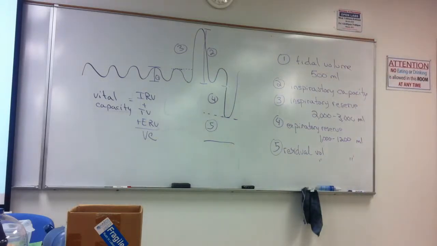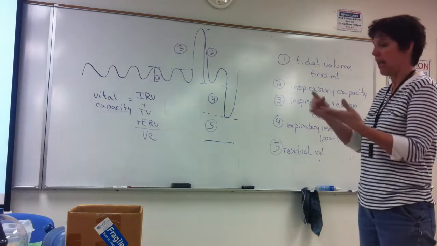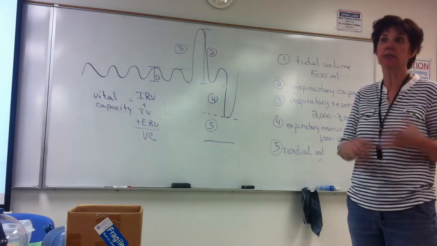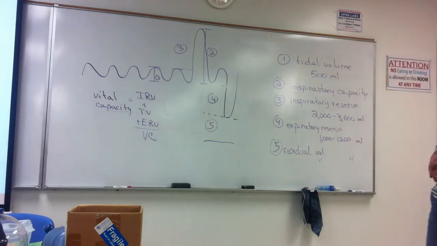This is actually based on your gender. Males are going to have more lung capacity because they have a greater oxygen drive. They need more red blood cells because of the greater muscle mass. It's also based on height. A taller person typically has more lung capacity than a shorter person. And it is to some degree based on ethnicity.